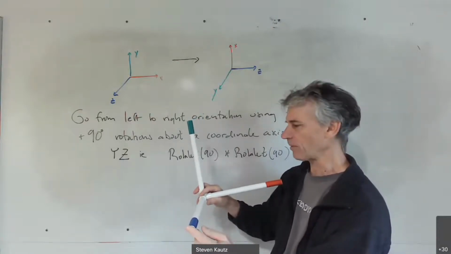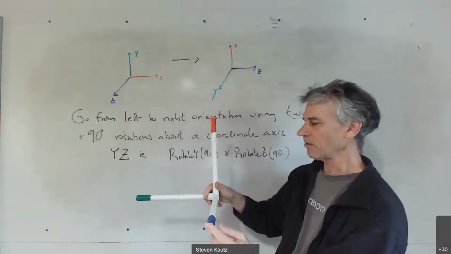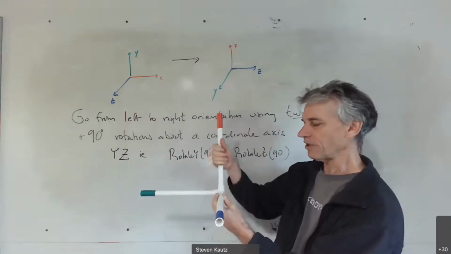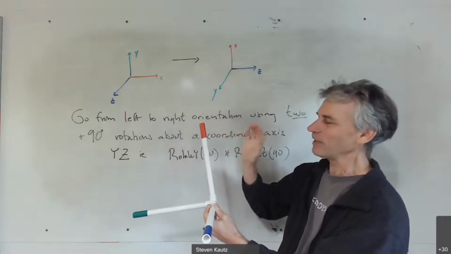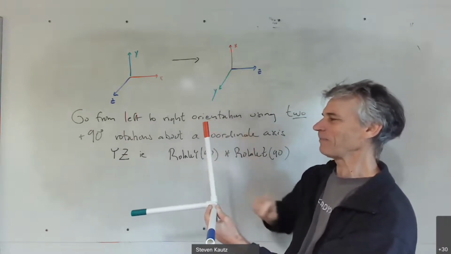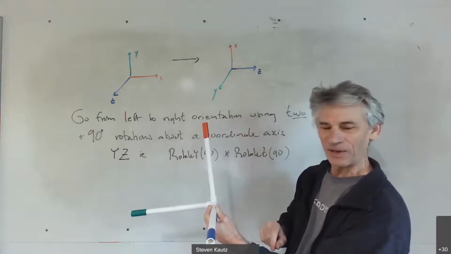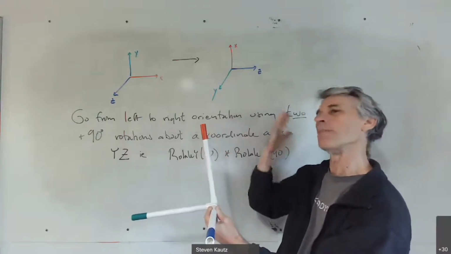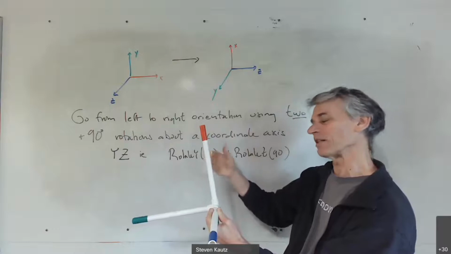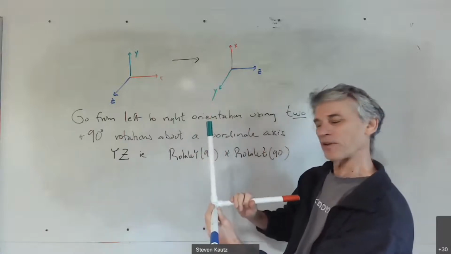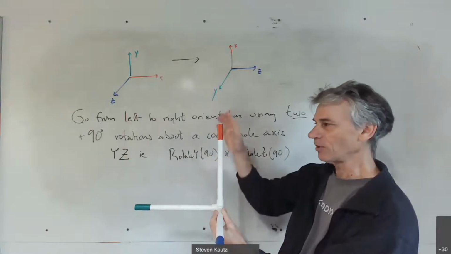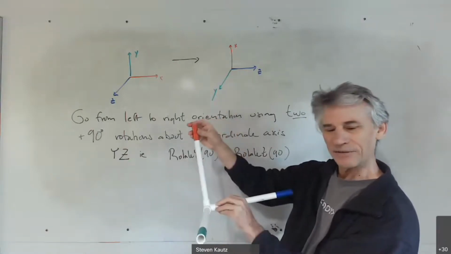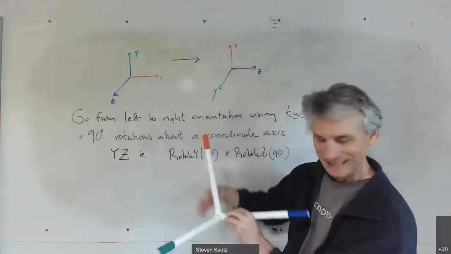So in other words, I would call this a z rotation and then intrinsically apply an x rotation, because the reason this is easier is because I can see where the x-axis is now. If I want to do the y rotation, I have to imagine where the y-axis was. So that would be another way to describe the same thing, a z rotation and then multiply on the right by an x rotation. And that's exactly the same transformation.